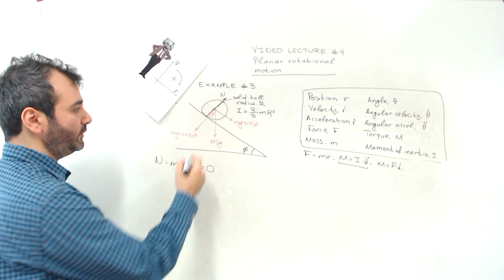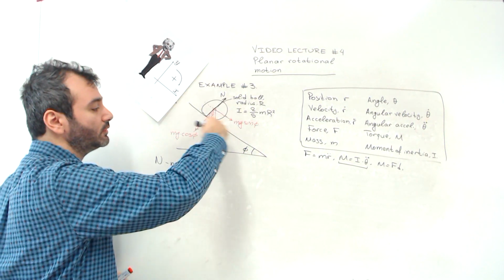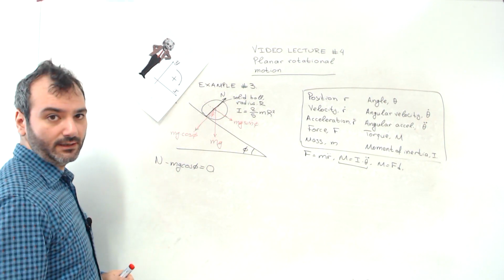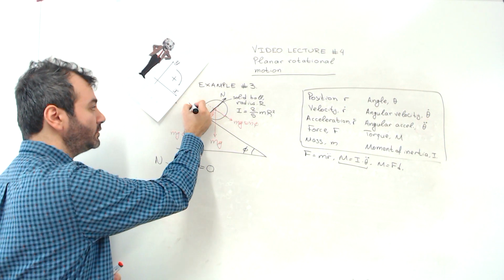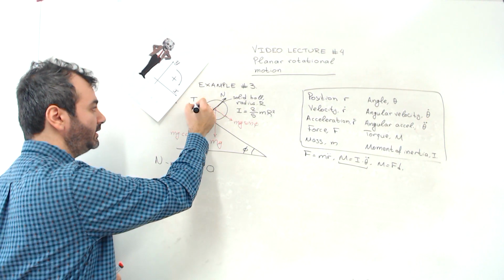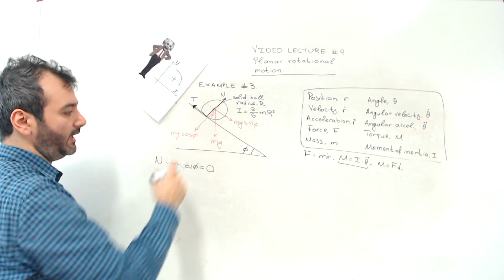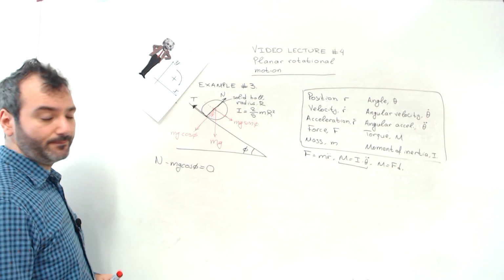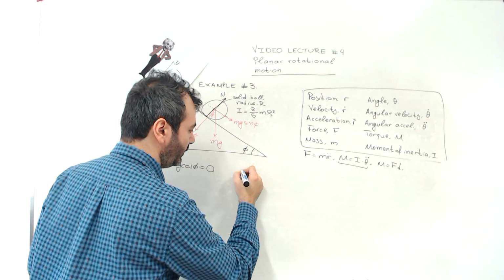I must tell you that this ball doesn't slip. It only rolls down the inclined plane. Therefore, there is a force that keeps it from slipping, and that force is friction, T. The friction between the ball and the inclined plane. So now let us write down the equations. We have equations of motion.